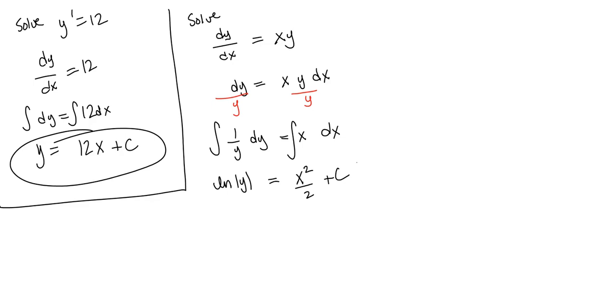Now, some people would leave it there. If you can get rid of the natural log, more better. So I would take e and raise it to both sides. So e to the natural log of the absolute value of y is just the absolute value of y. This one's kind of interesting because I've got e raised to a sum, so I could write that as e to the x squared over 2 times e to the c, and instead of c, let's call it c star.